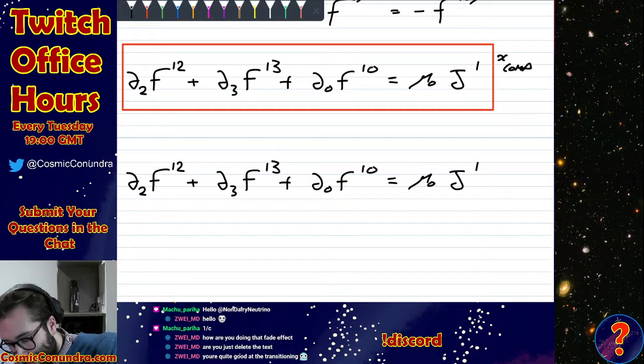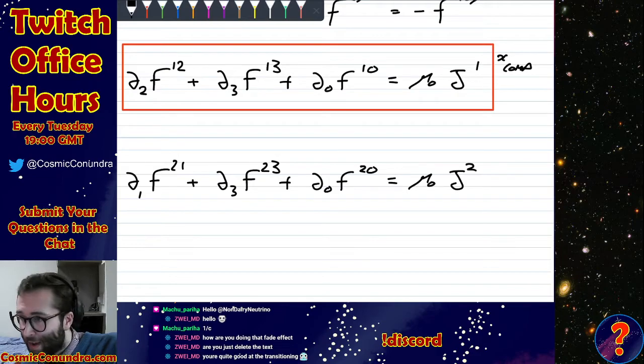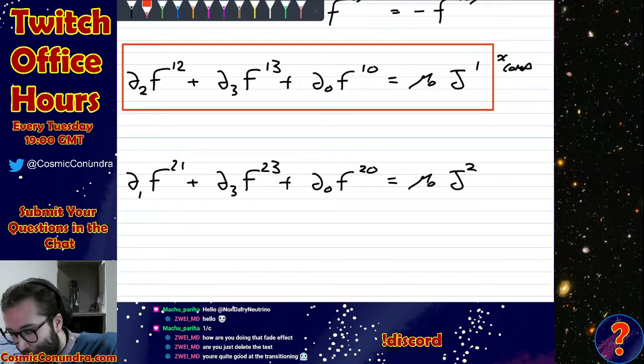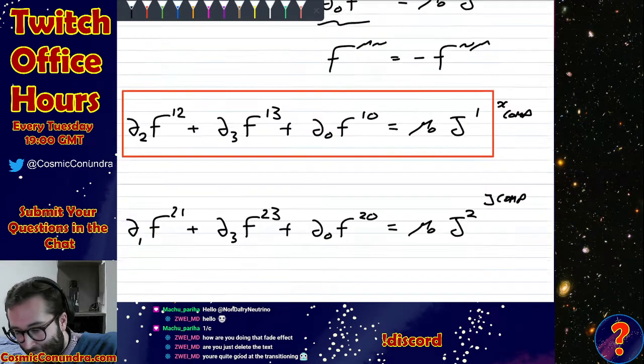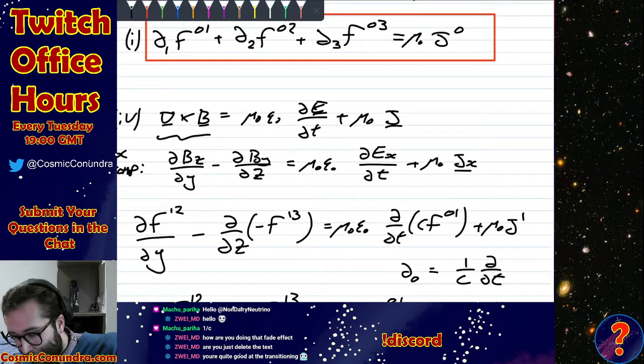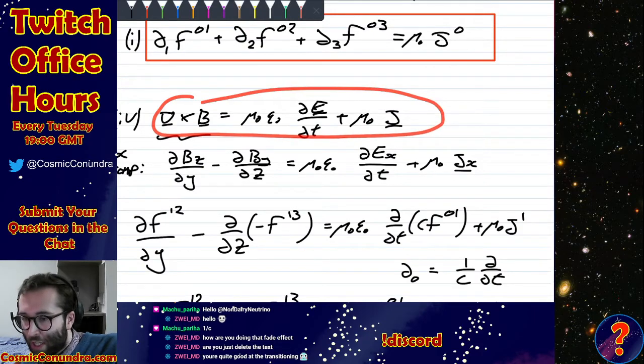I will change this to a 1 and a 1, change this to a 2, then swap the other things for 2s. You'd have to work through it, but this is what it'll turn out to be for the y component. So this would tell you the y component of that particular one of Maxwell's equations we were looking at, and you could do the same for the z component. The point is that it contains, fully in component form, this Maxwell equation here.